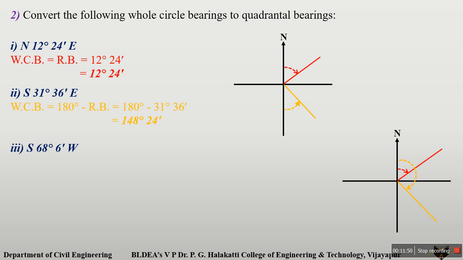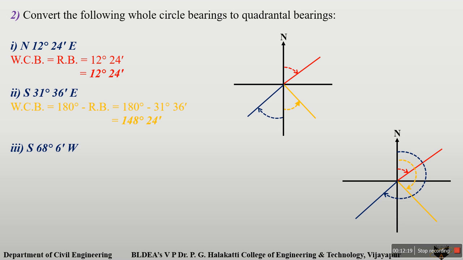Similarly, third one, that is south 68 degree 6 minutes west. So just observe in this diagram. This is our line. Whatever the bearing is measured from the south to west side, this is our quadrantal bearing or reduced bearing. But in the same condition, the same line is measured by using a whole circle bearing system from the north with respect to line, like this.